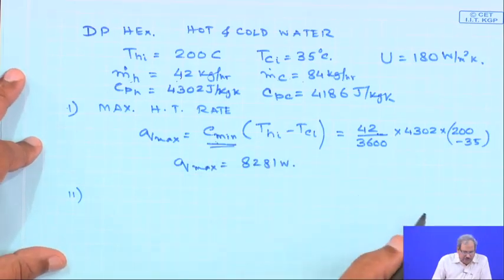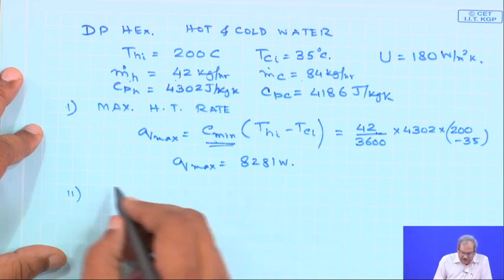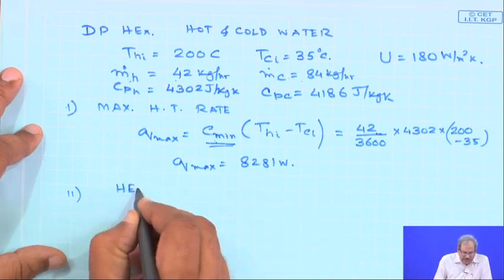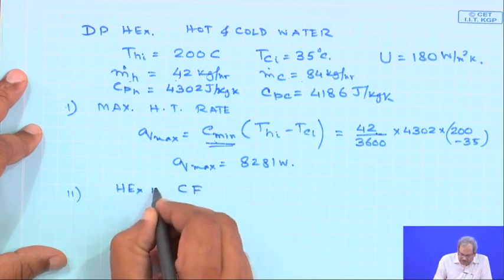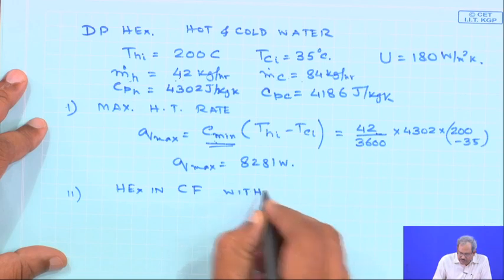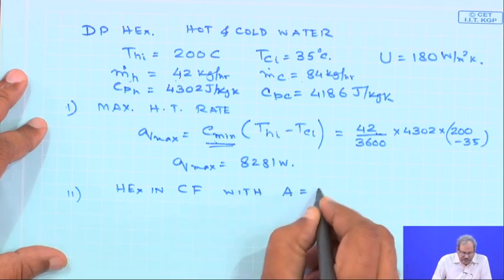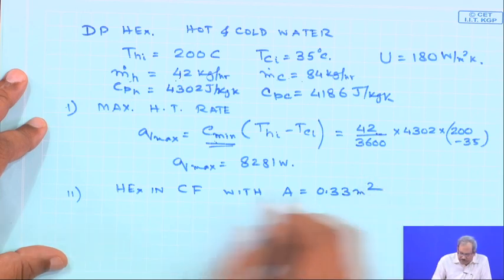The second one: the heat exchanger is operated in counter flow, with a heat transfer area equal to 0.33 meter square.